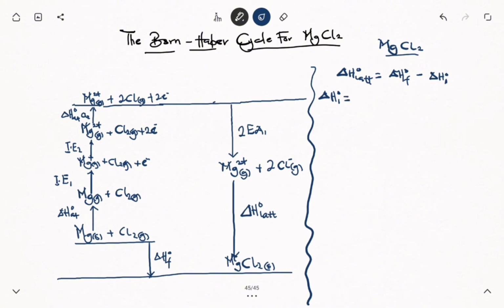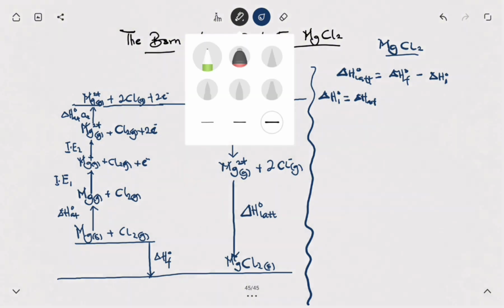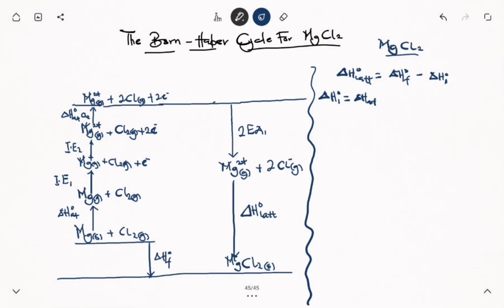So we are going to have the enthalpy of atomization of magnesium. Okay, so add this to the first and second ionization energies.